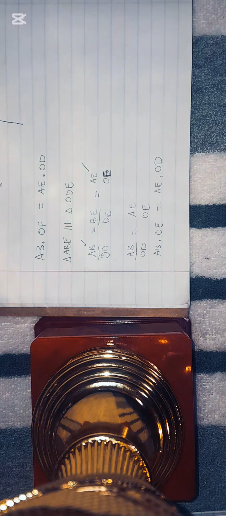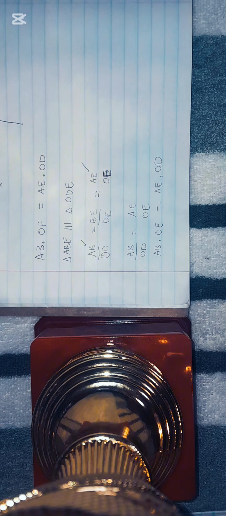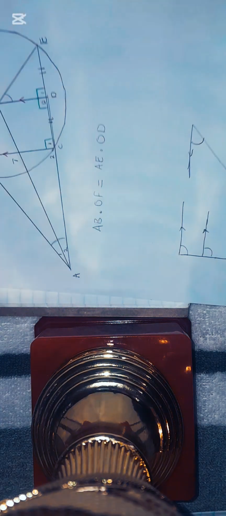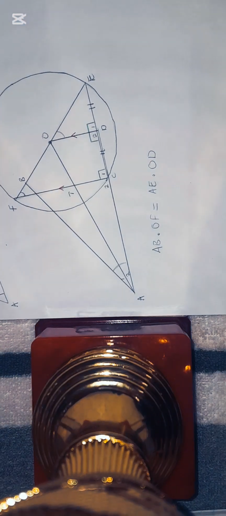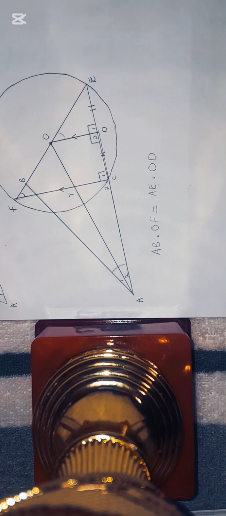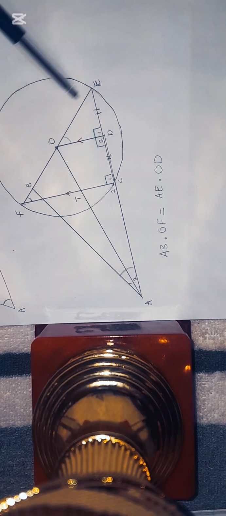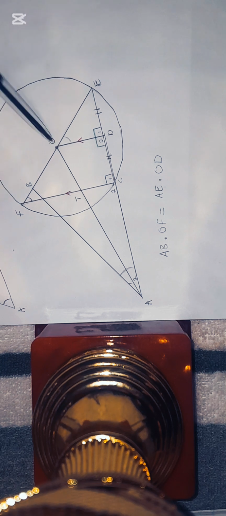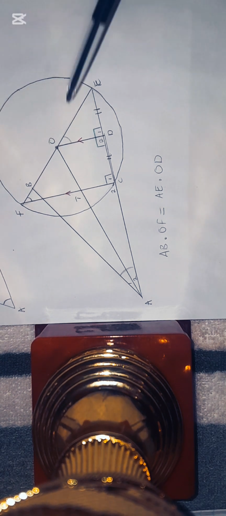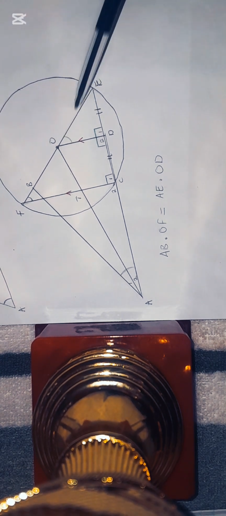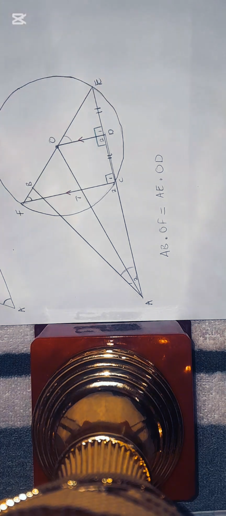Now let's bring back our diagram and check if OE and OF are something similar. Yes, okay, so that is the same thing. As you can check here, OE and OF are both radiuses from the center to the circumference. So all the radiuses are the same.